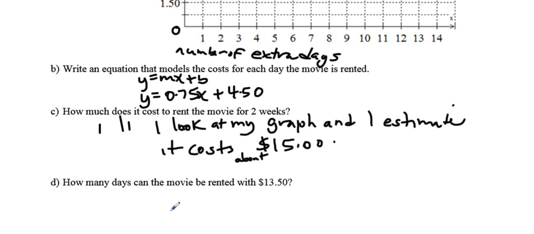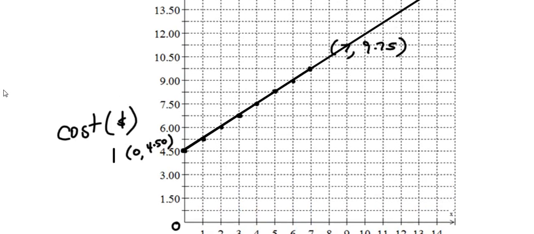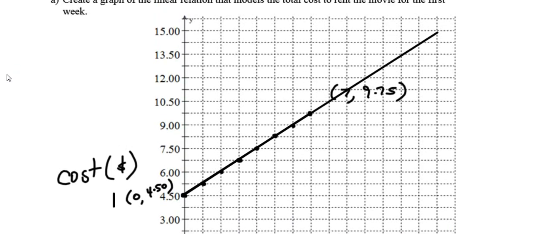And how many days can the movie be rented with $13.50? So I'm going to go to my y-axis, to $13.50. Again, I'm just going to use my little line tool here. And I'm going to go all the way over till I get to my line.